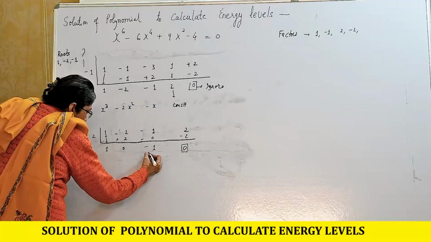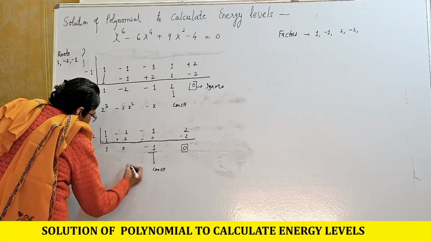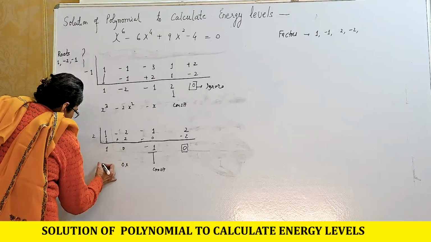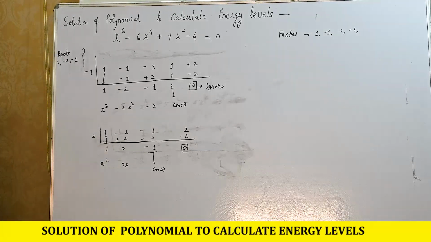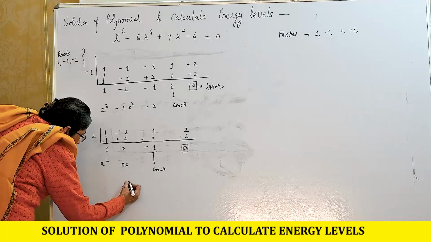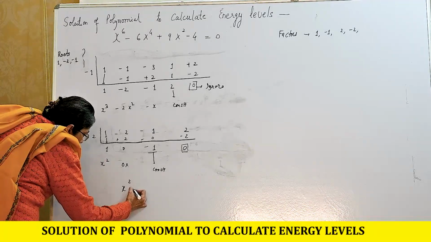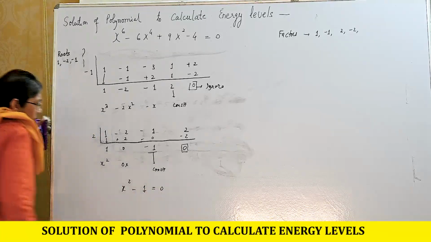and ignore this 0, and this is the constant, this is 0x, and this is for x square. So we get that our equation is x square minus 1 is equal to 0.